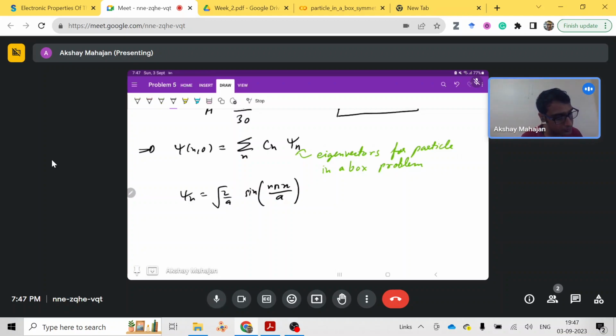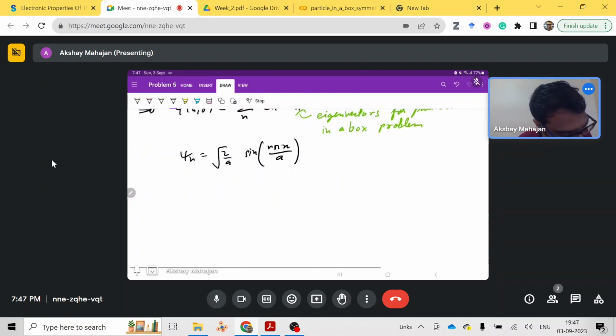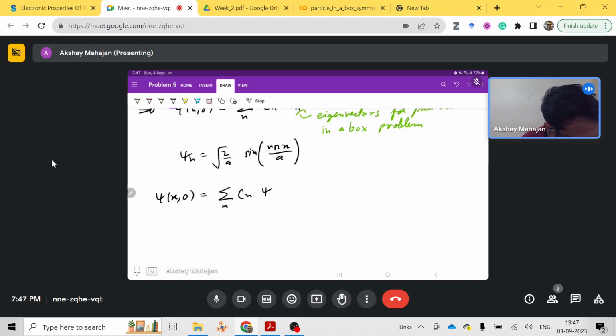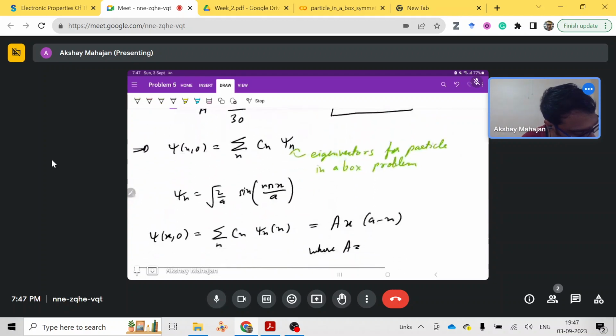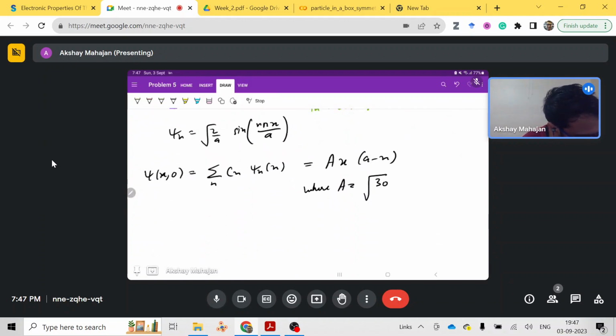So I can write psi x comma 0 as the summation over n of cn psi n of x, and this is going to be equal to A times x times (a minus x), where we have found A to be equal to the square root of 30 divided by a to the power 5.